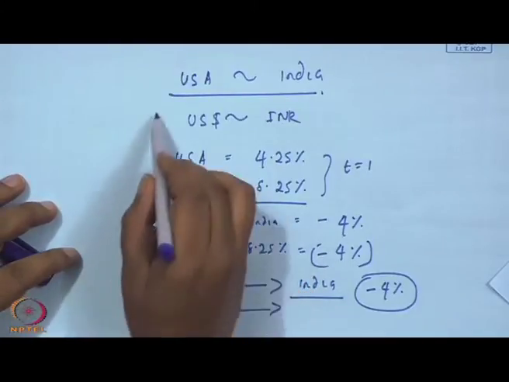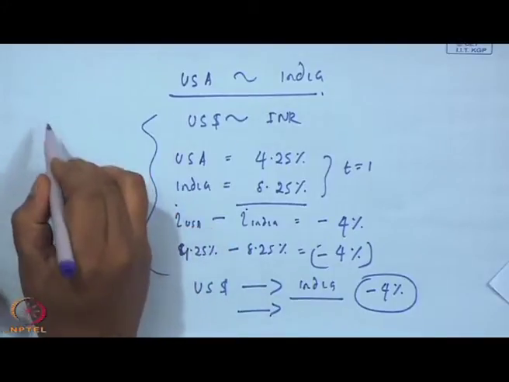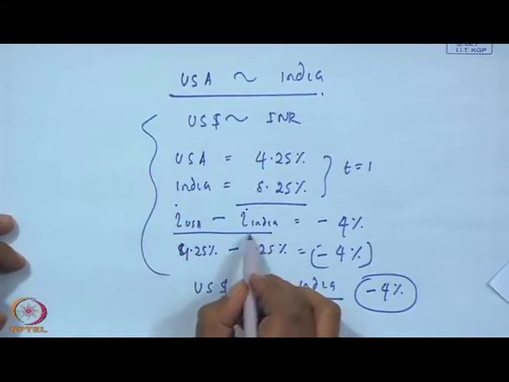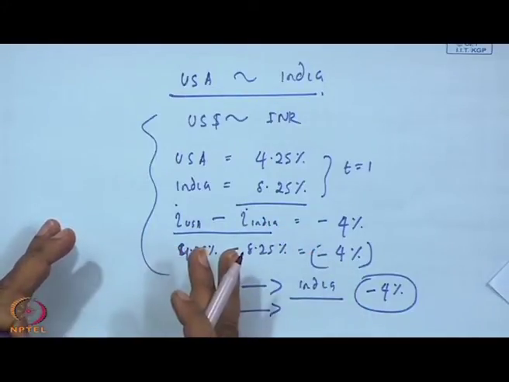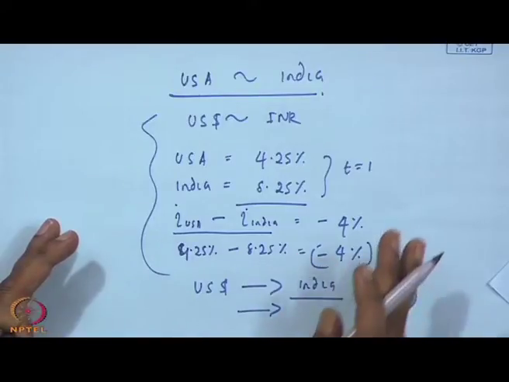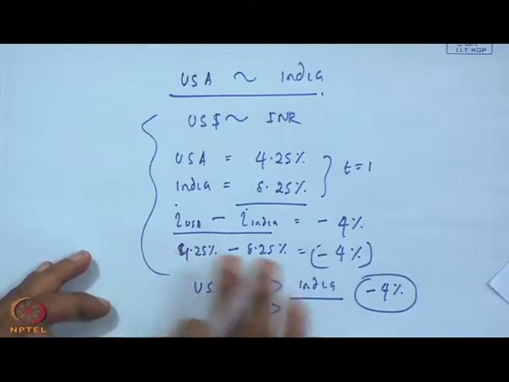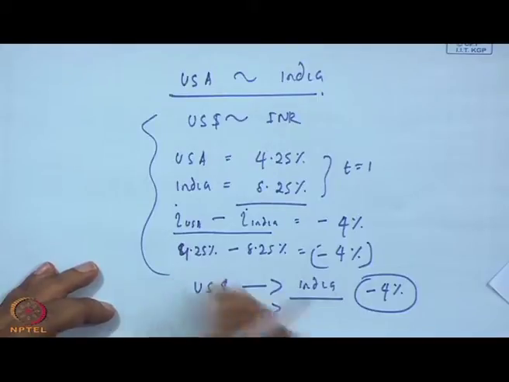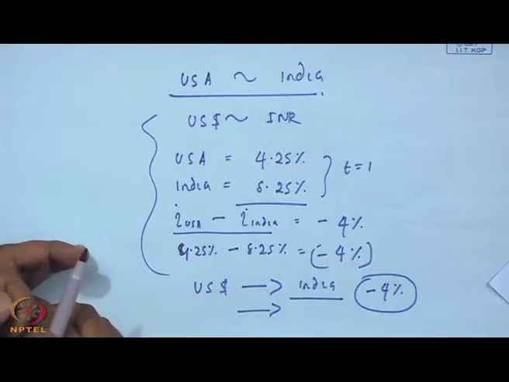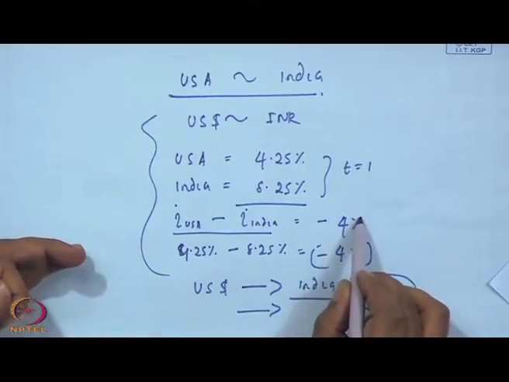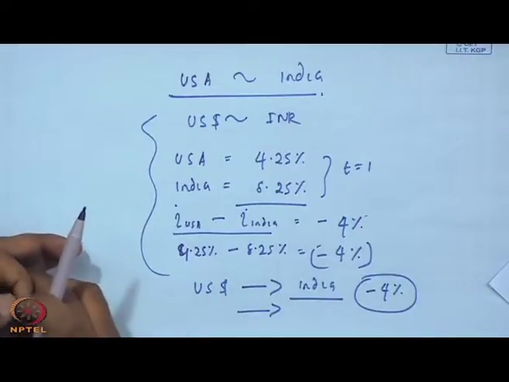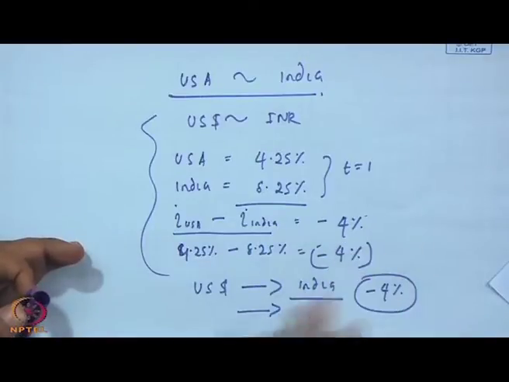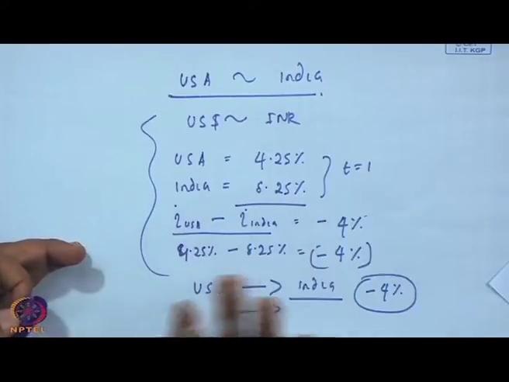So long as the differential between interest rate in US and India is available, this movement will continue from dollar to rupee, or dollar will flow from US to India to take advantage of this profit. And this differential will be wiped out once the rupee depreciates significantly to reflect the 4% differential in interest rate, or the forward premium reflects the differential interest rate, that is 4% available.